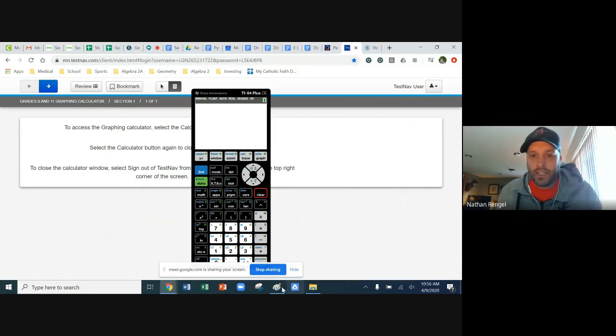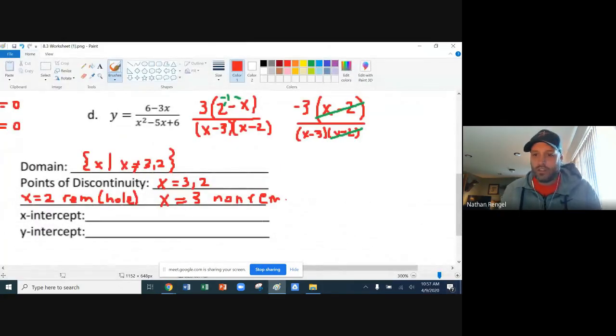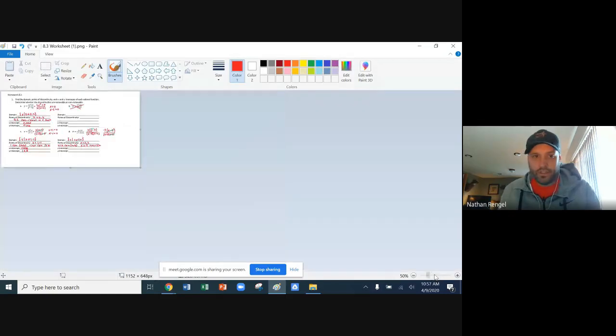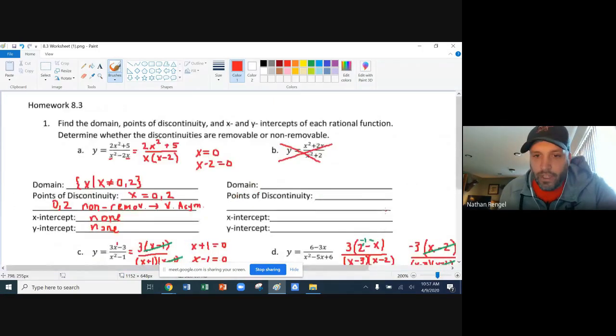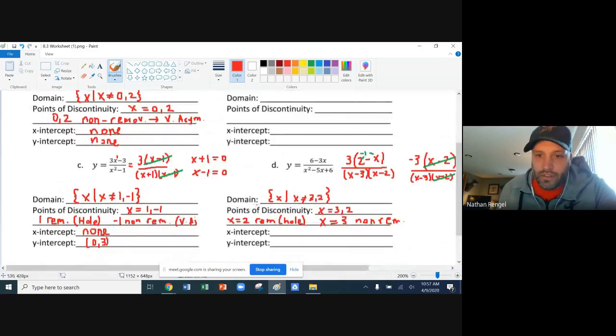So we'll head back to that. Just want to zoom out for those that are going to watch the video later. So there's all our work. Oh, let's add in, forgot to add in those intercepts. So x-intercept was none because of the y equals 0.